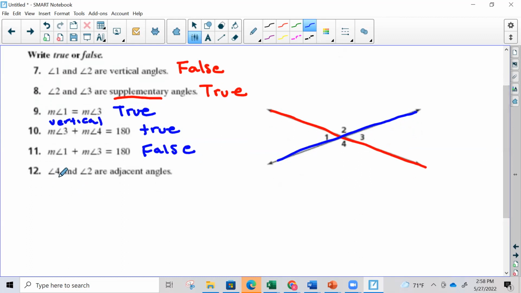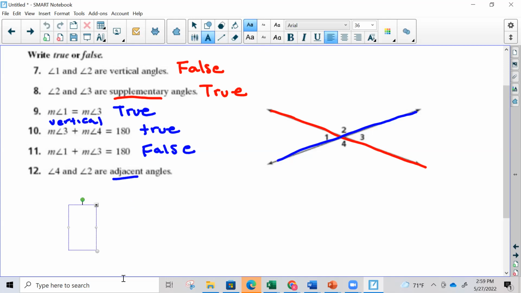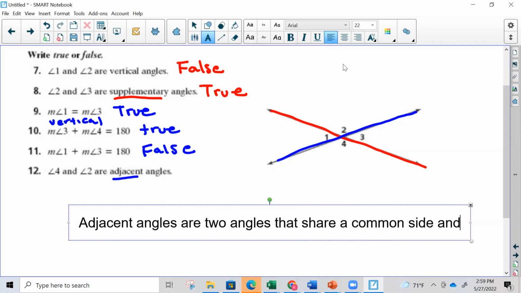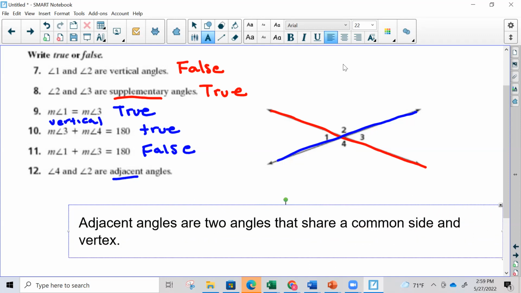And then this last one, 4 and 2 are adjacent angles. So we have not defined adjacent yet. So let's define that. Adjacent angles are two angles that share a common side and vertex.